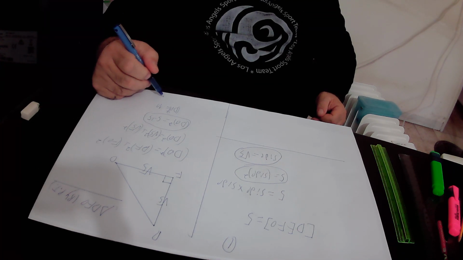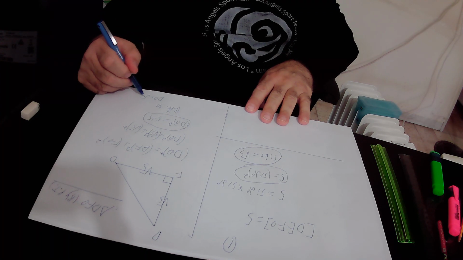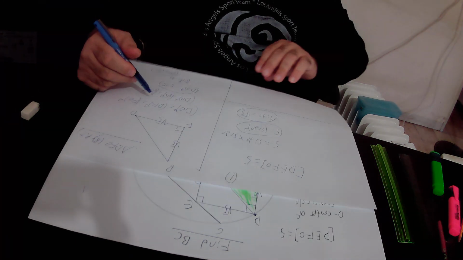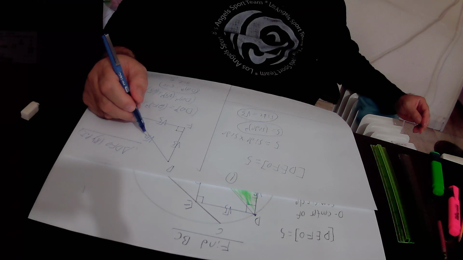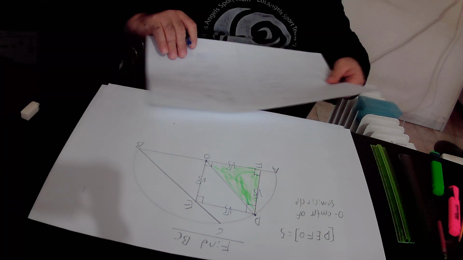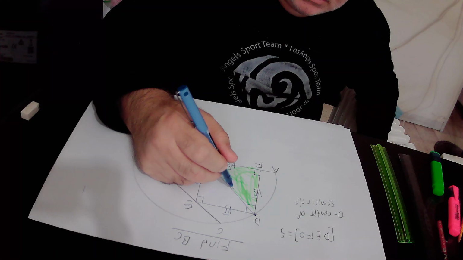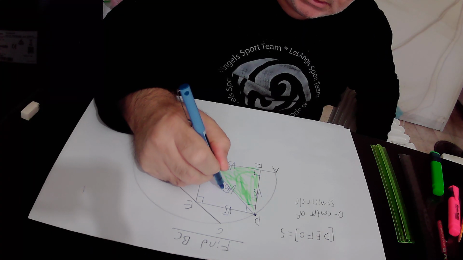We take the root of this equation and we find out that DO equals the square root of 10 units. The length of the hypotenuse equals the square root of 10 units.